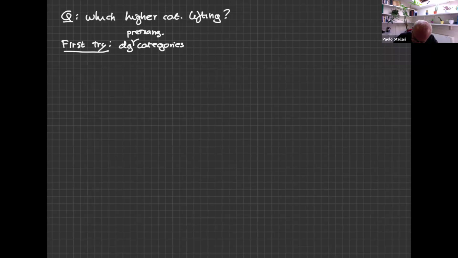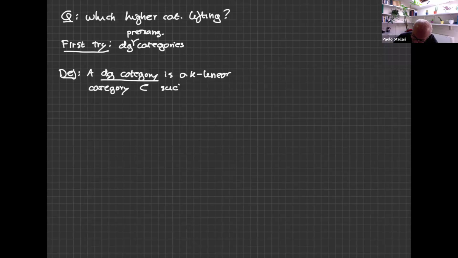Let me quickly recall the definition, even though I might easily assume that everybody knows it. So a DG category is for us a k-linear category C, such that, and let me emphasize that here k is any commutative ring, not just a field, such that, let me write down the two assumptions.